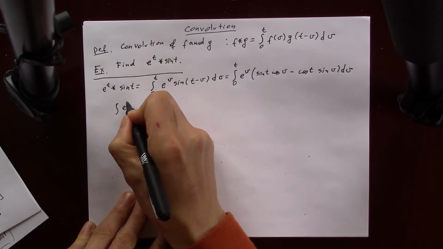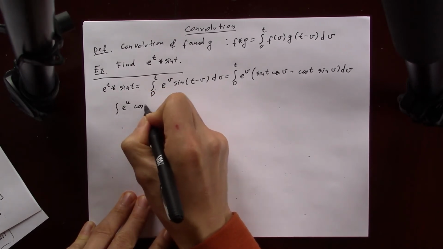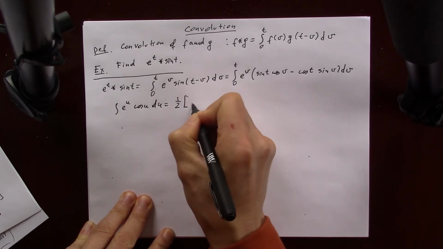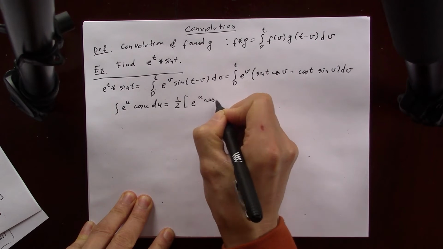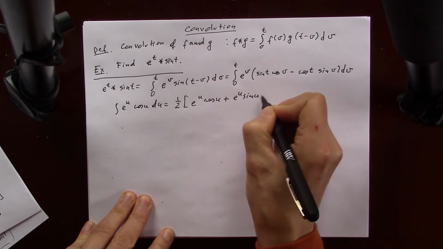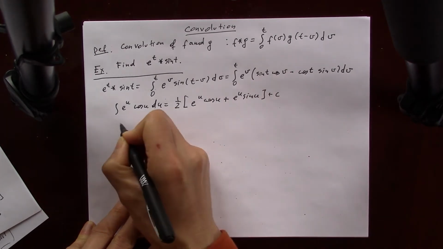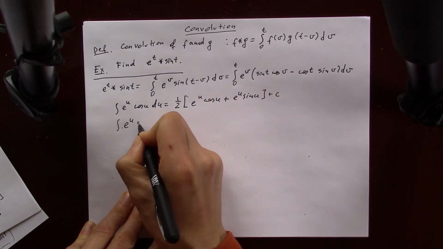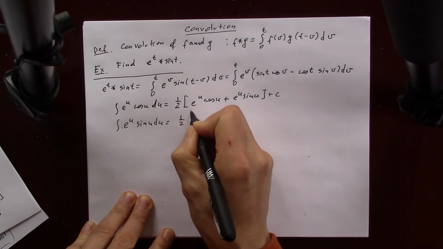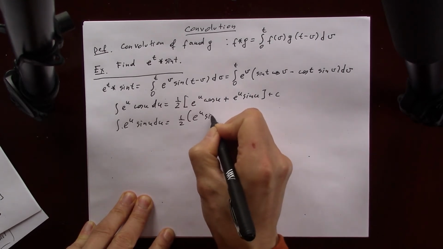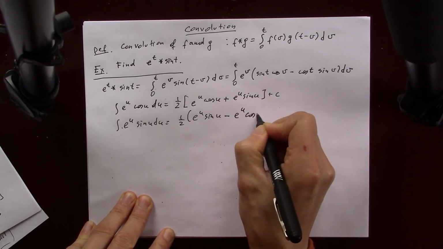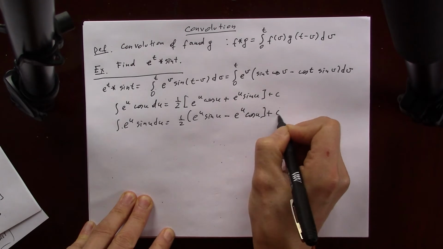Integral of e to the u cosine u du equals 1/2 (e to the u cosine u plus e to the u sine u) plus c, and integral of e to the u sine u du equals 1/2 (e to the u sine u minus e to the u cosine u) plus c.